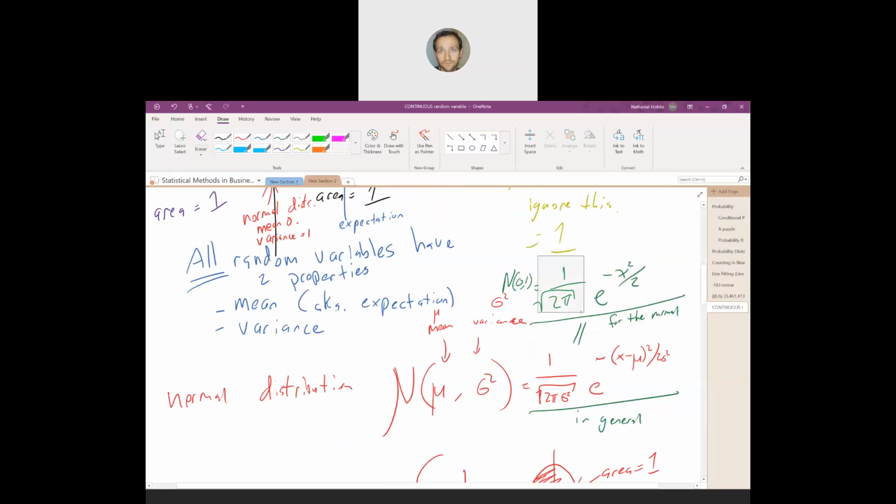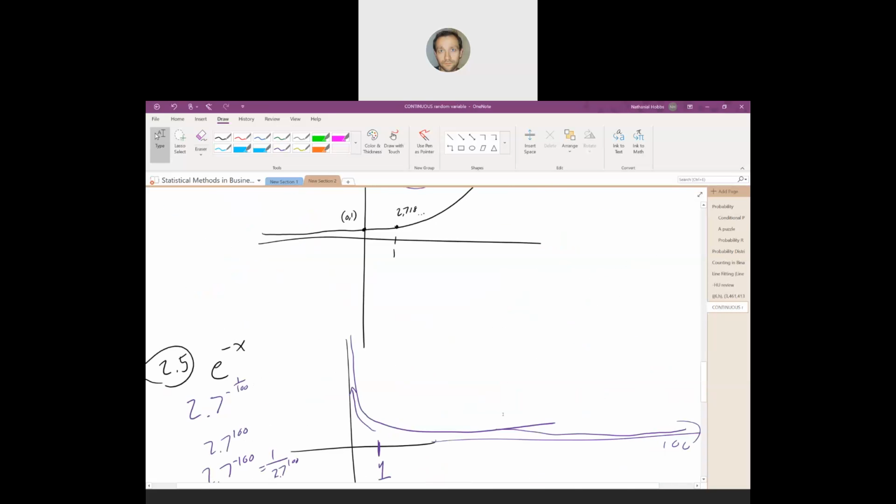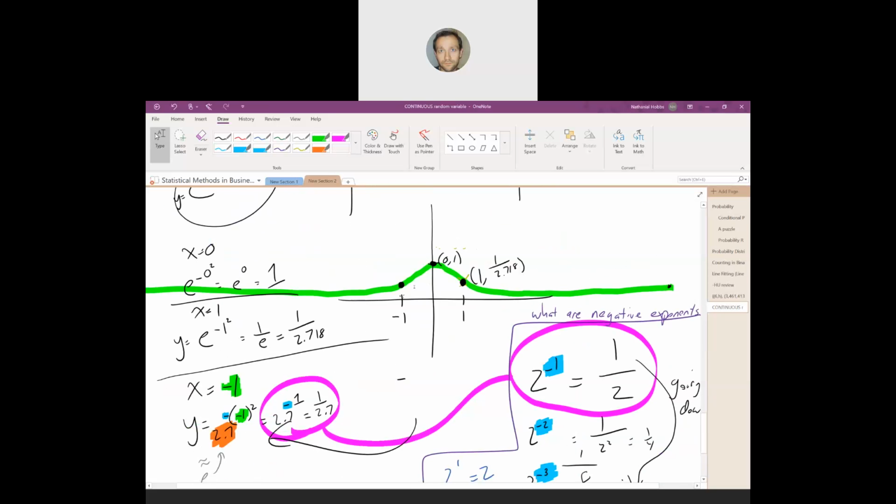The last part is where does this 1 over square root of 2 pi come in? This comes in because the area under this curve doesn't equal 1. It's too much. In fact, the area under this curve equals the square root of 2 pi. You can calculate it.